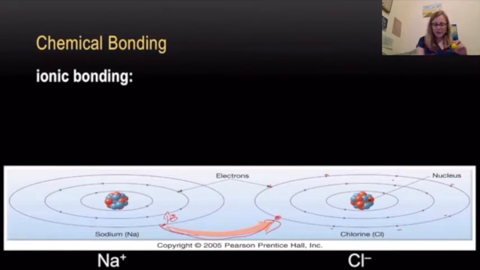But now chlorine is going to be negatively charged, and sodium is going to be positively charged, and the atoms are going to be drawn together.